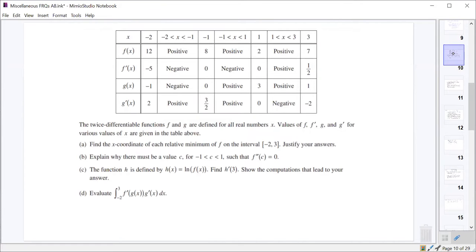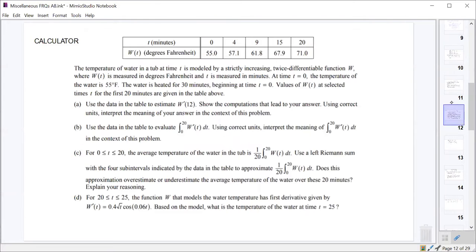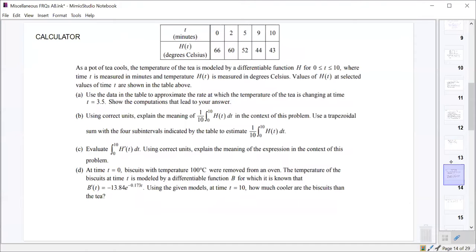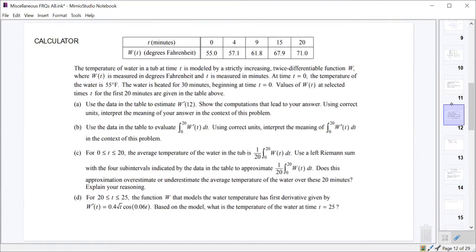Let's see. We want a calculator one, right? You guys want to practice a calculator one? Since I said we'll do a calculator one on the quiz tomorrow, that seems reasonable. How about this one? This is a good one. Water in a tub? Or we want to have a pot of tea cooling? I do like tea.